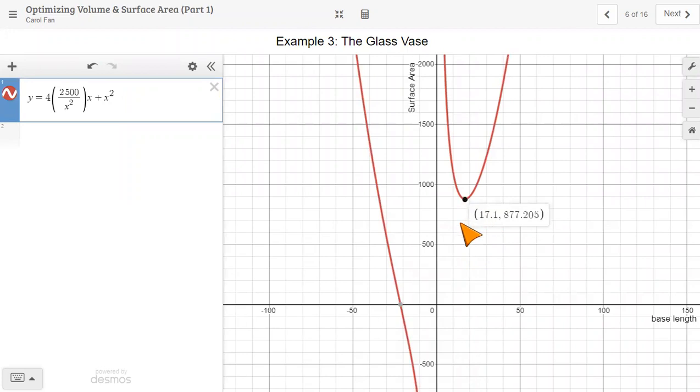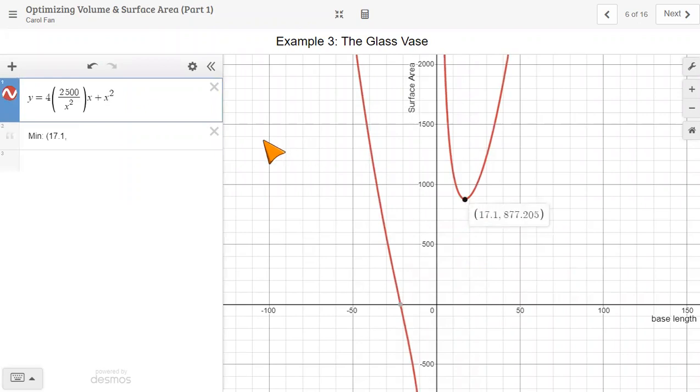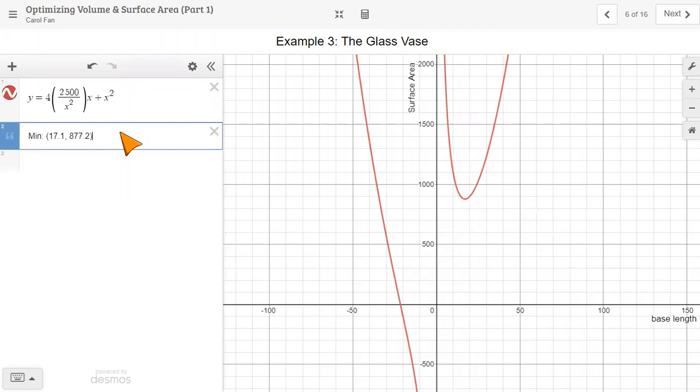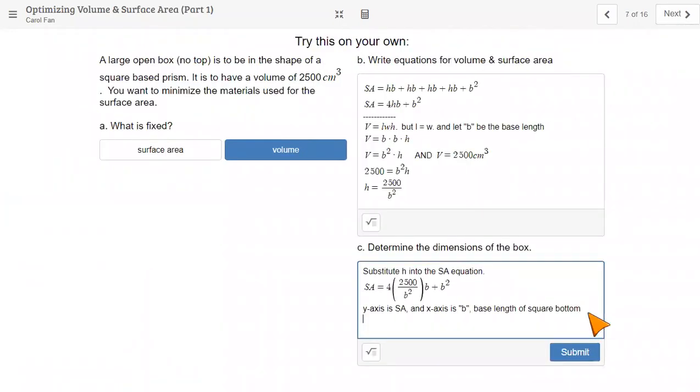Minimum value is 17.1, and the other coordinate, 877.2. So we come back here and we find that this is the minimum value.